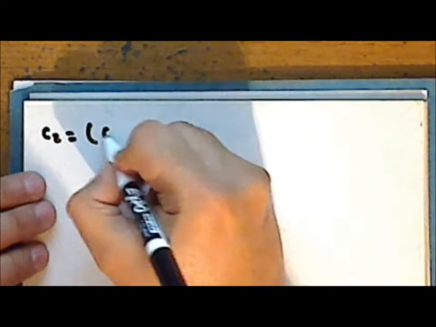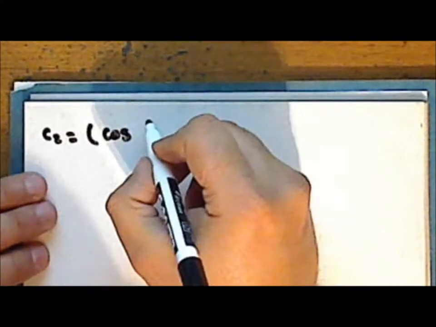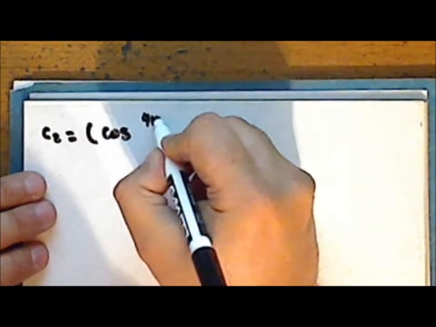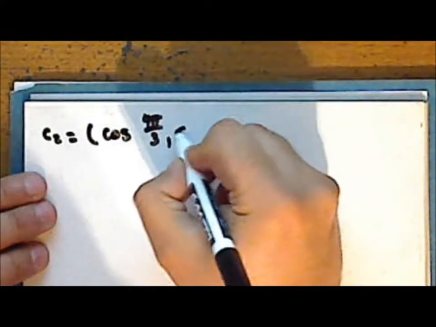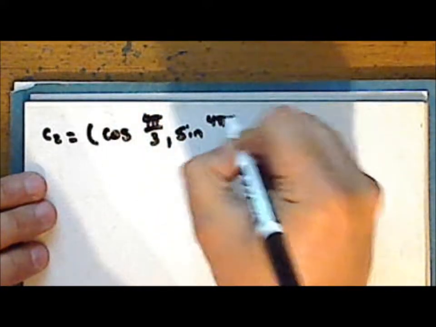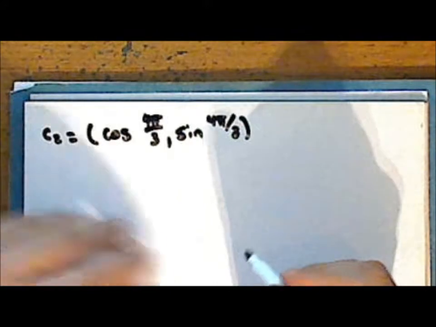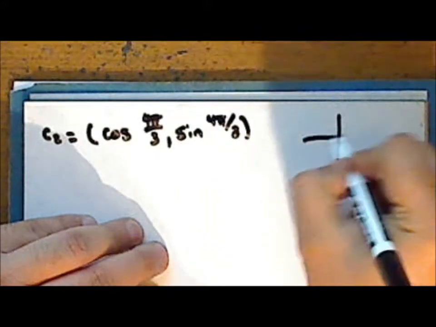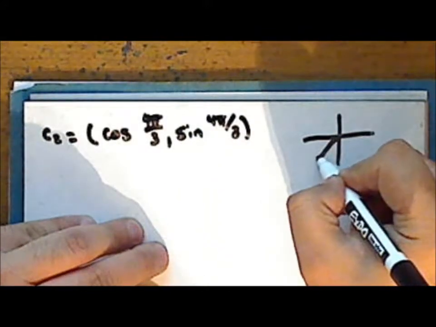Okay, let's compute the last cube root of the number 1. C sub 2 is the ordered pair cosine of 2 pi times 2, that is 4 pi, divided by 3, sine of 4 pi divided by 3. 4 pi divided by 3 occurs in the third quadrant.